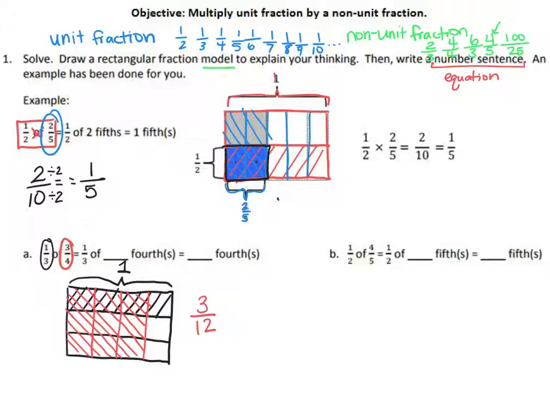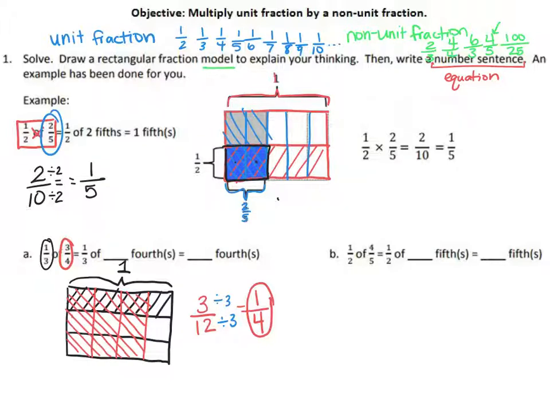Can I reduce that? Yes, I can. 3 and 12 can both be divided by 3. So 3 divided by 3 is 1, and 12 divided by 3 is 4. My answer is 1/4.